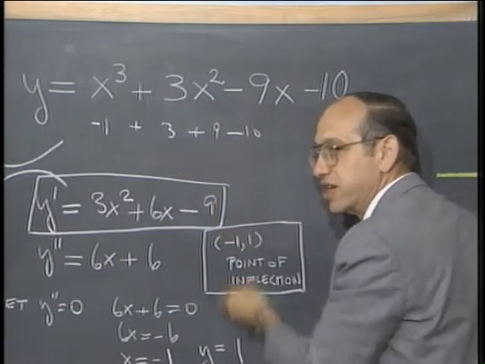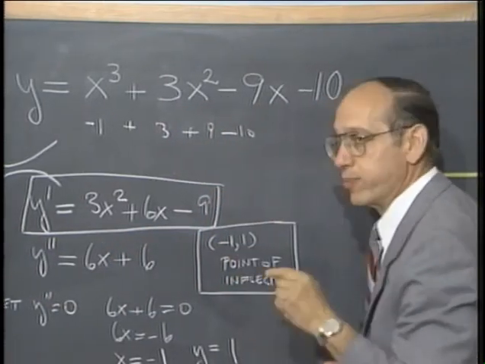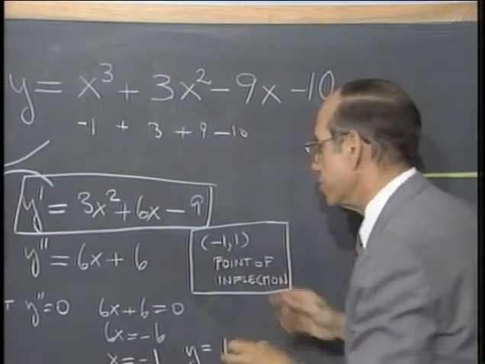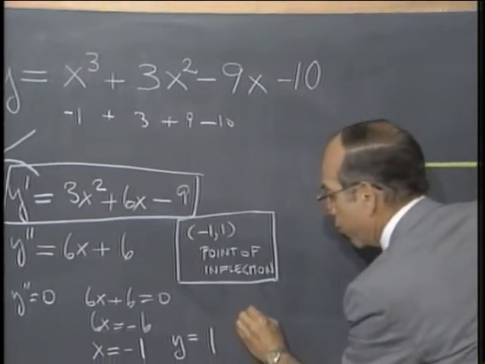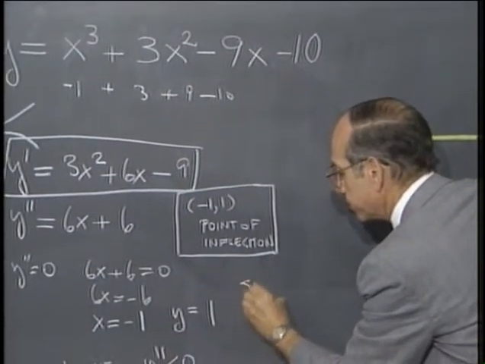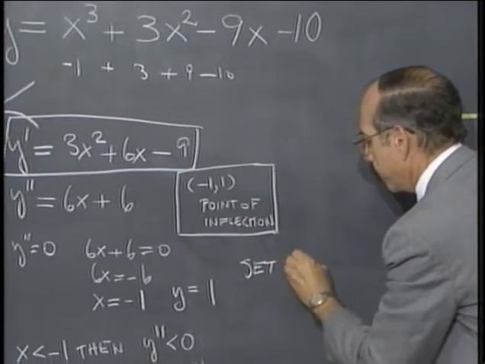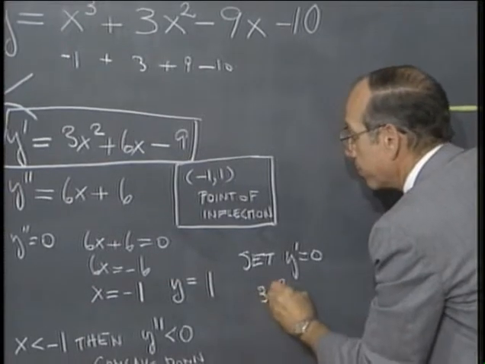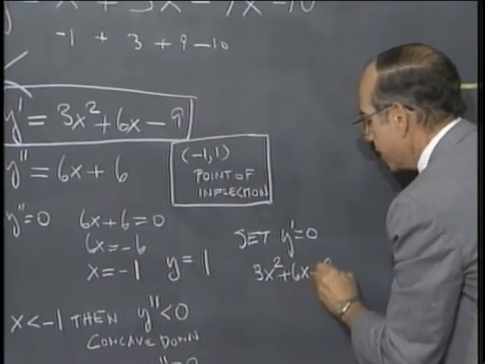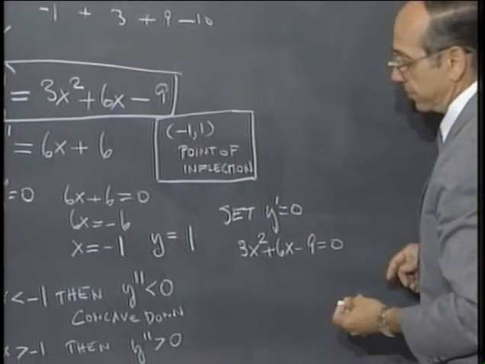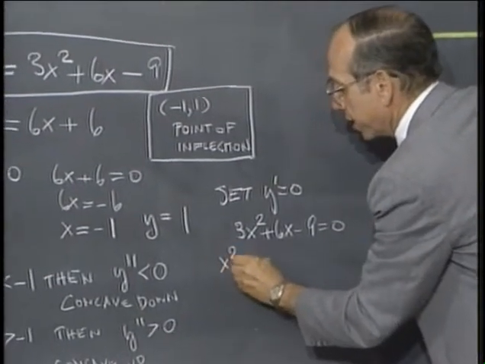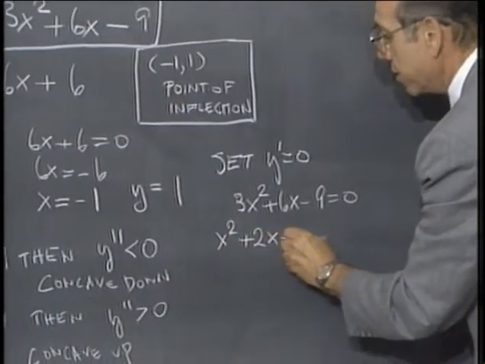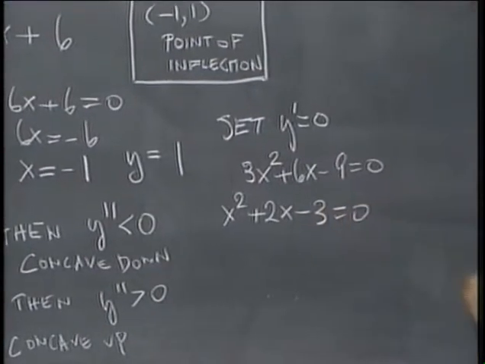So I'm going to set y prime now equal to 0. Let me see. Y prime equals 0, and I have 3x squared plus 6x minus 9 equals 0. I can divide through by 3 and get x squared plus 2x minus 3 equals 0.